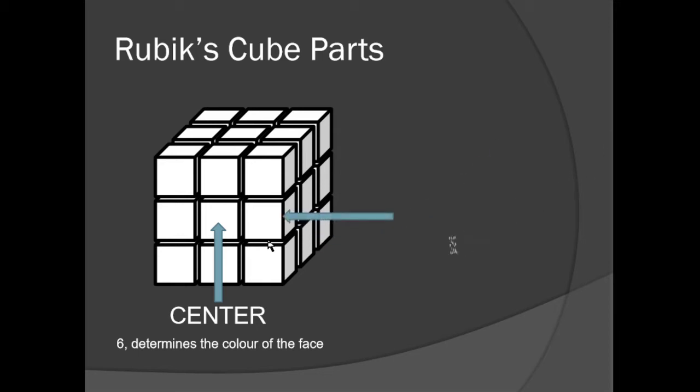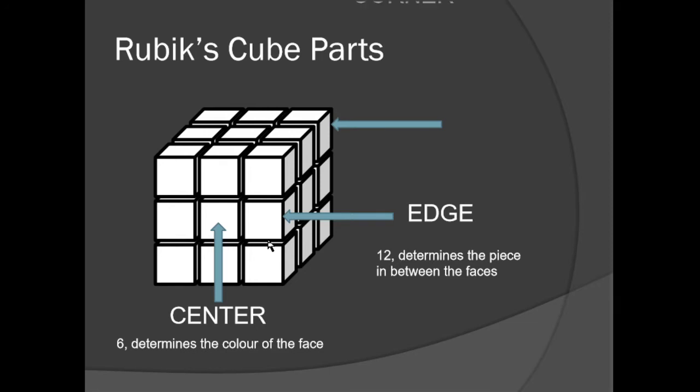And we have also the edge. We have 12 edges in a given cube. And then we have the corner. On this Rubik's Cube, we have 8 corners.